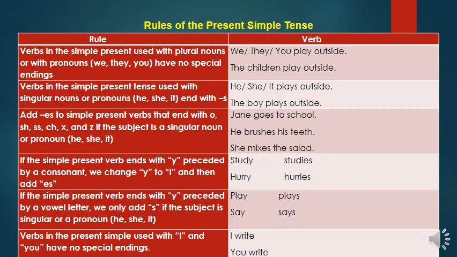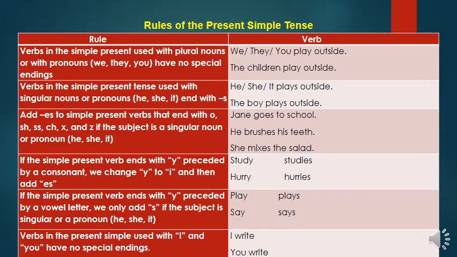R precedes y, and r is a consonant letter. So we drop the y and add ies. So rule number 4 says that when a simple present verb ends with y, preceded with a consonant letter, we have to change the y to i and add es.